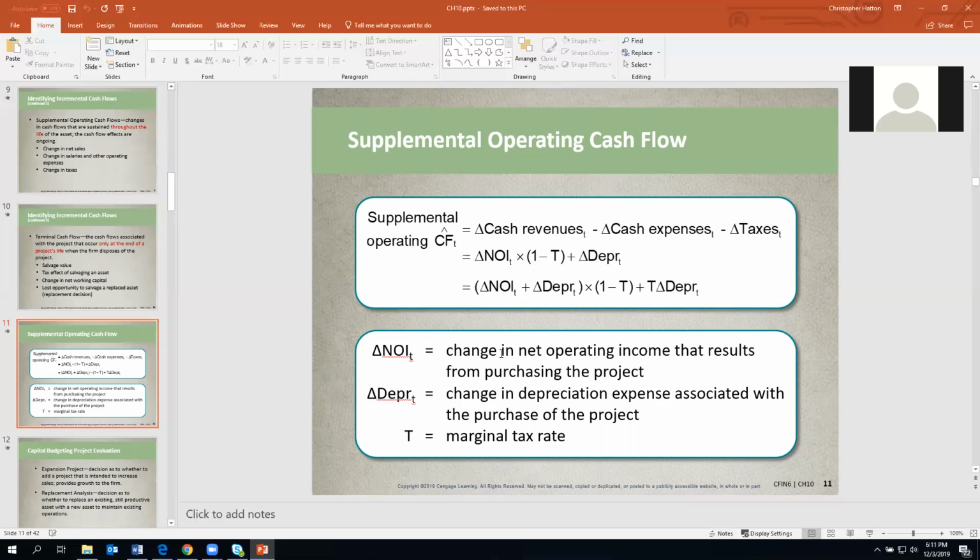So NOI is the change in net operating income, depreciation is the change in depreciation, and T is the tax rate. So right here, sometimes you can leave the depreciation out of this example, and I'll show you an example later on. But just to be safe, always add in your depreciation, because that's what you learned in accounting, so always add it back in.